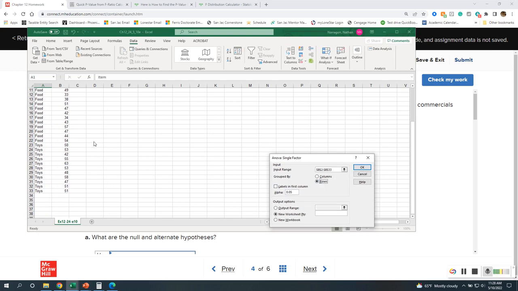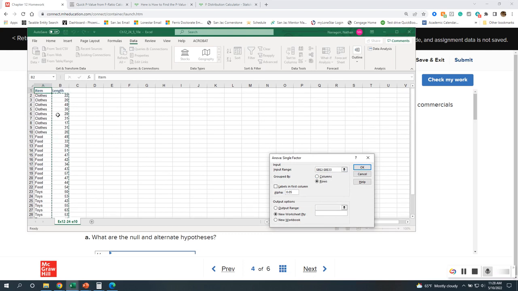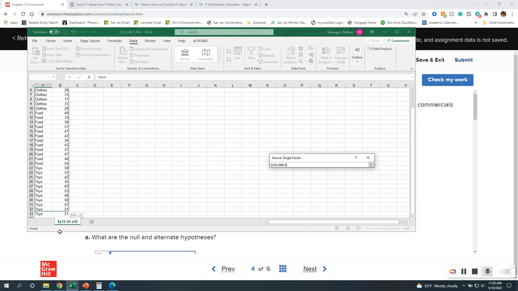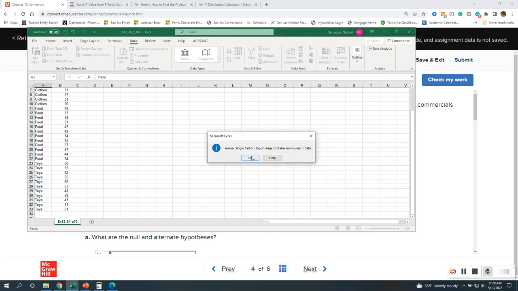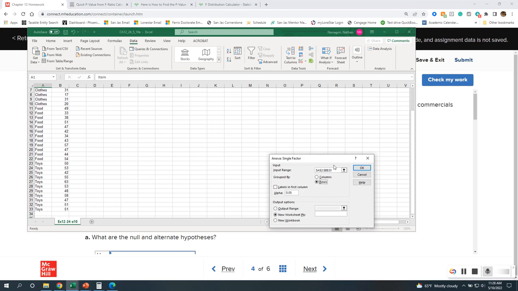Group by rows. So we can use Excel to work for us.